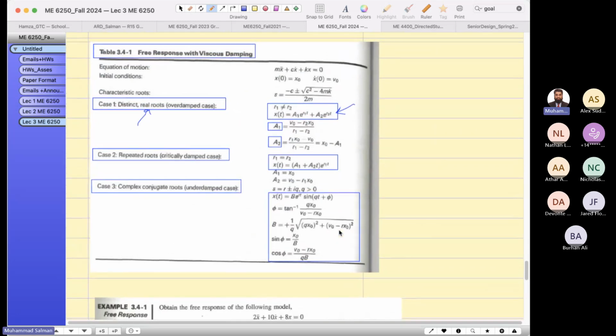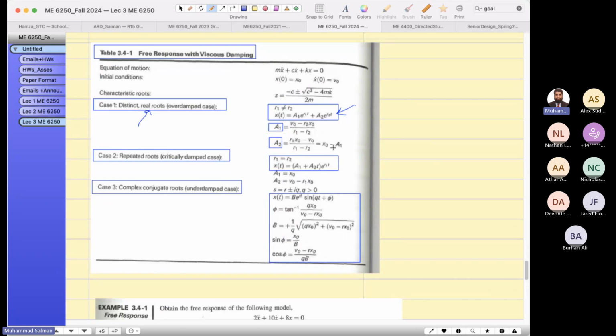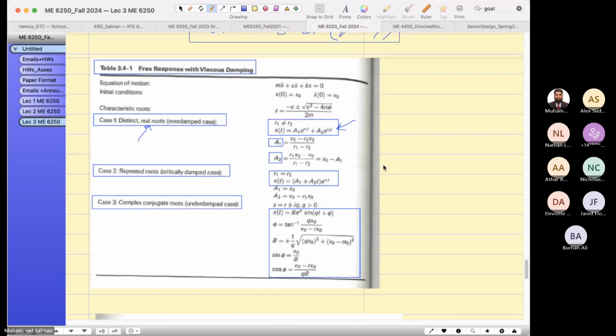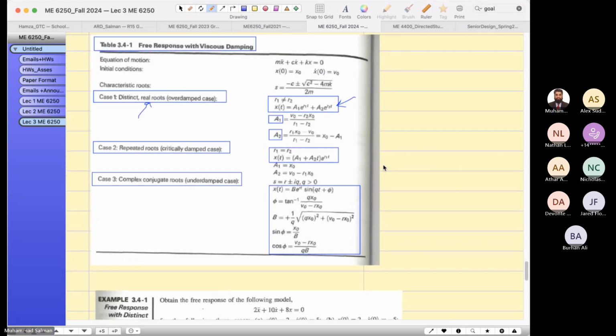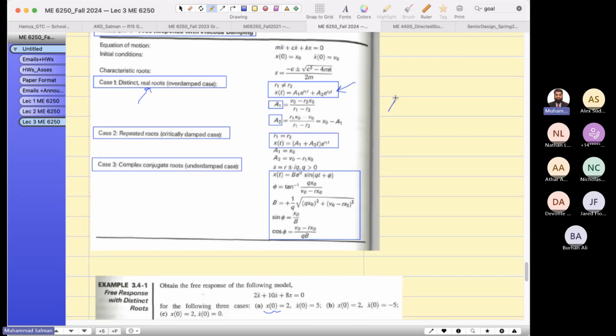And for this one, I need to use this equation. So if I write down A1, I can write A1 equals v naught minus r2 x naught.